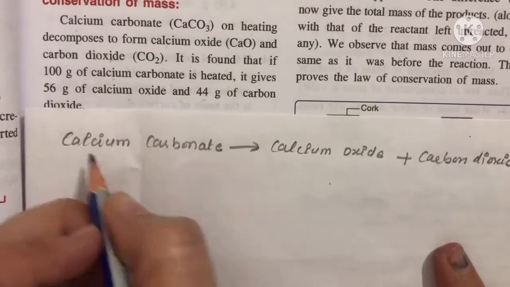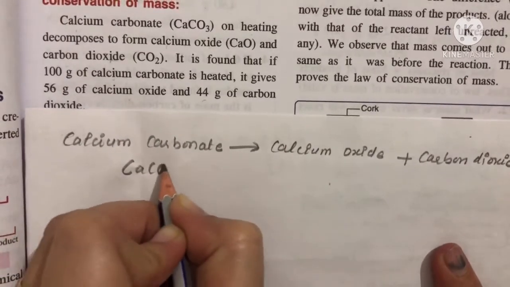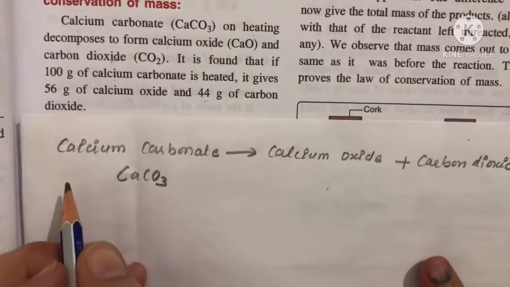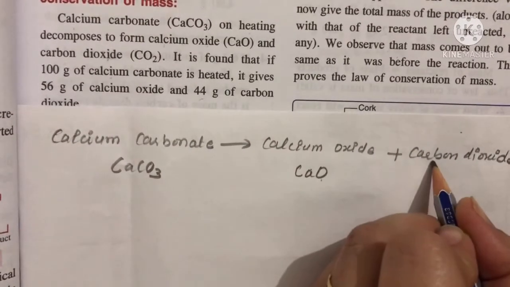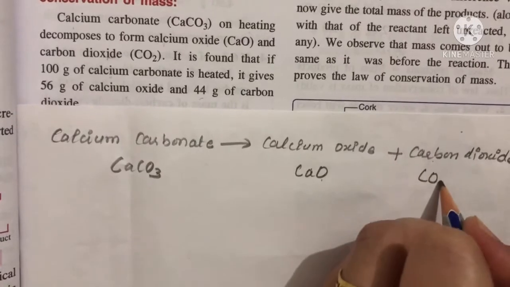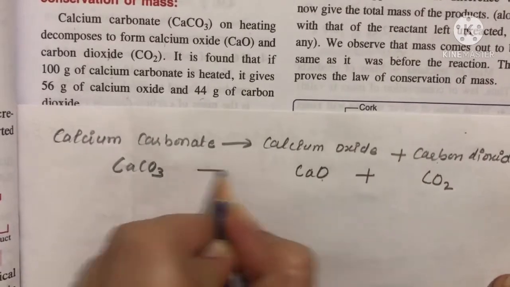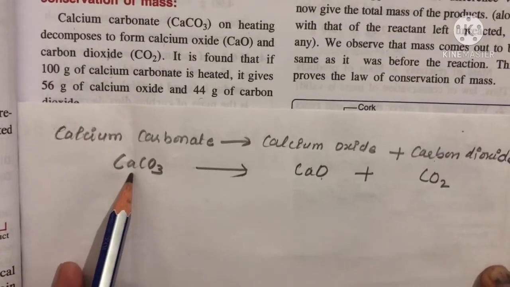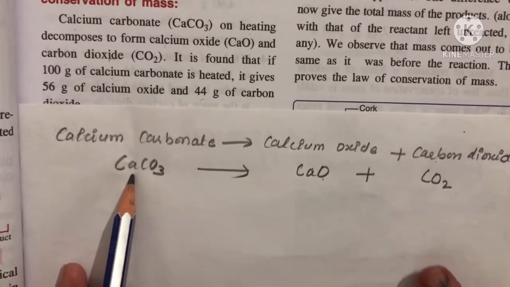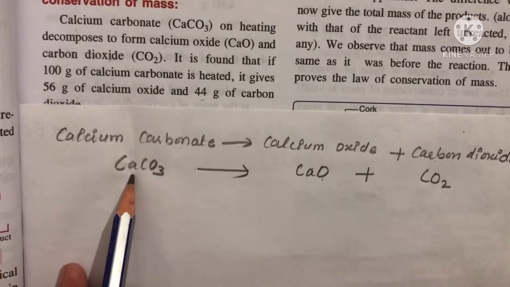Write down its chemical equation also. CaCO3 is calcium carbonate. Calcium oxide means CaO. Carbon dioxide is CO2. So this is the word equation and this is the chemical equation. So now write down the masses of the reactant as well as the products.